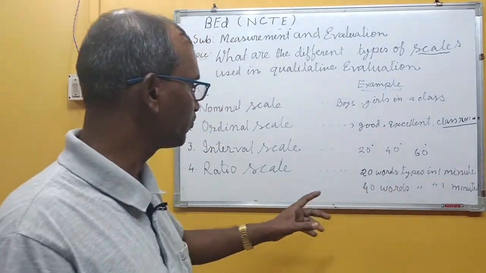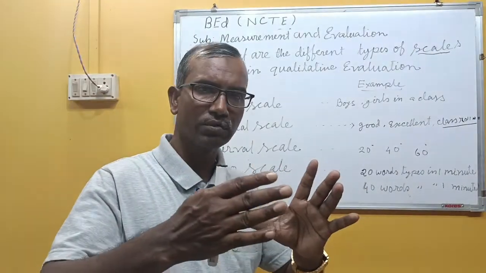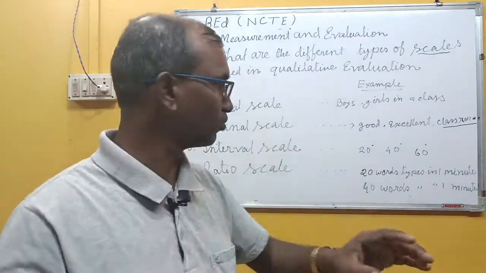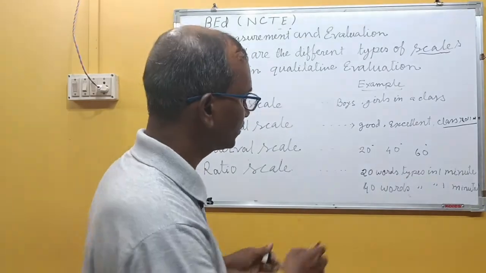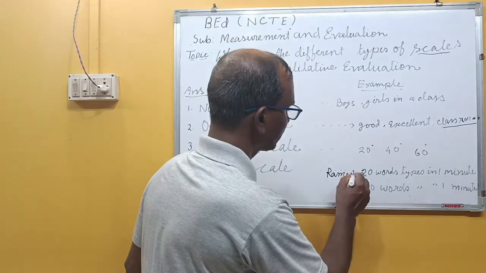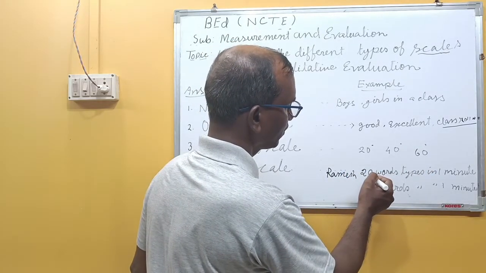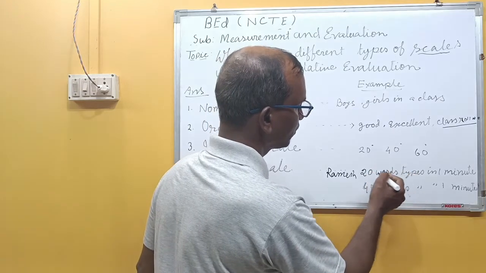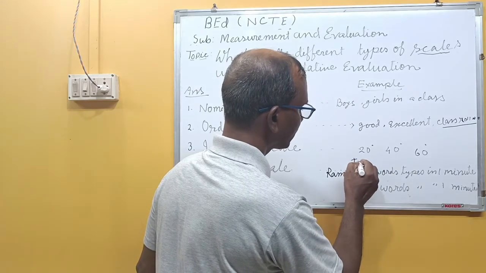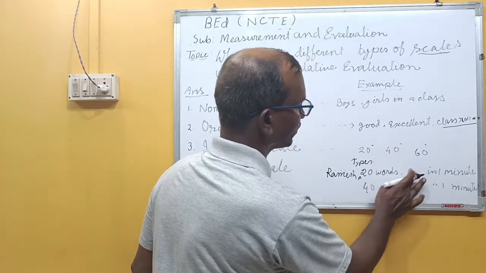Why is it so? Here we get definite idea, definite information, definite score. For example, Ramesh, a name, just a name. Ramesh types 20 words in 1 minute.